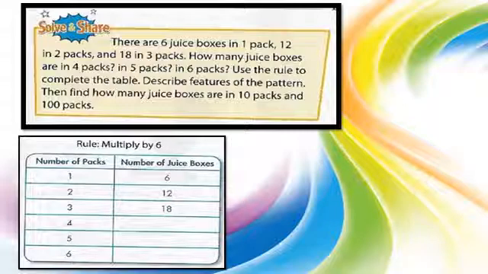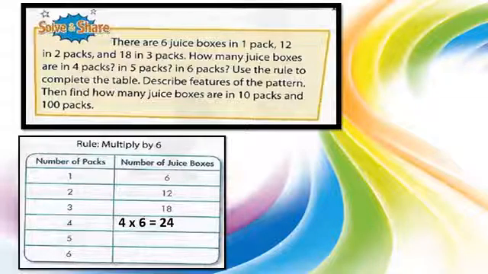So what we're going to do here is follow the rule to complete the table to find how many juice boxes there are in 4 packs, 5 packs, and 6 packs. Following the rule multiply by 6, we are going to multiply the number of packs by 6.